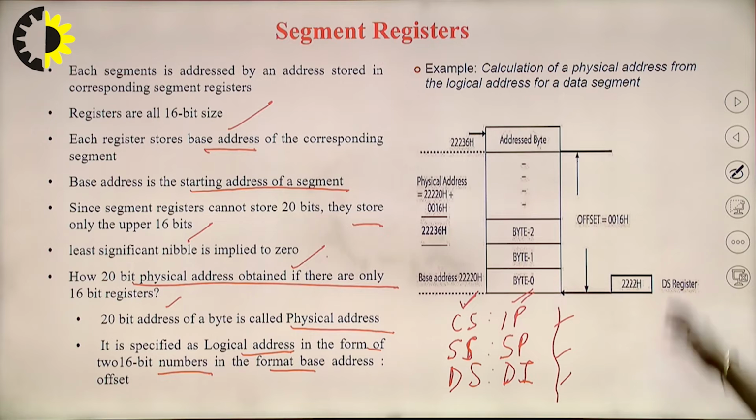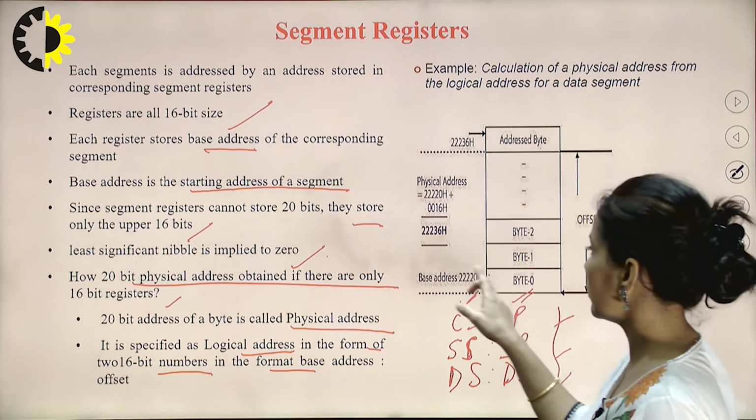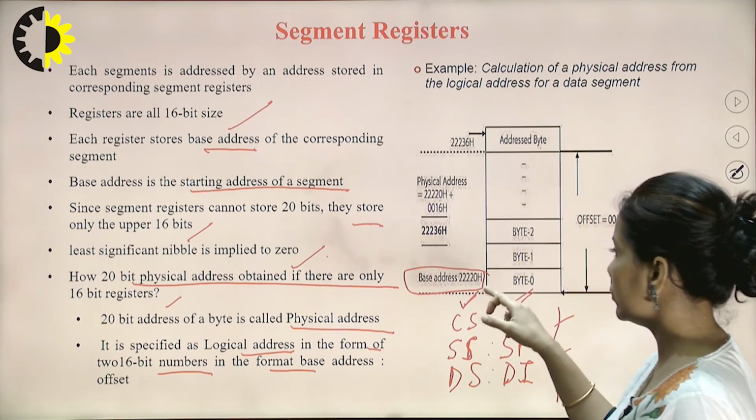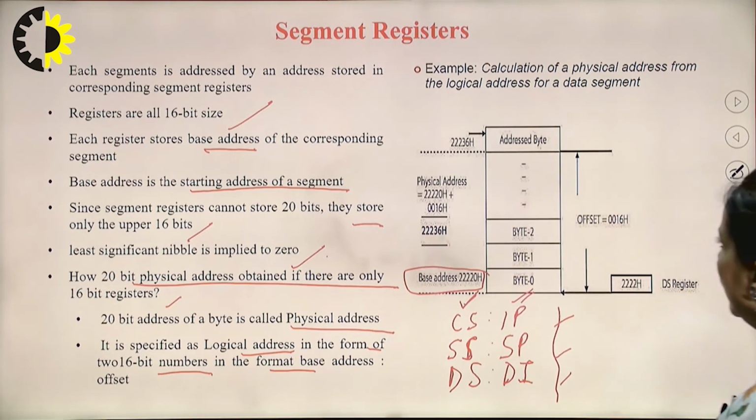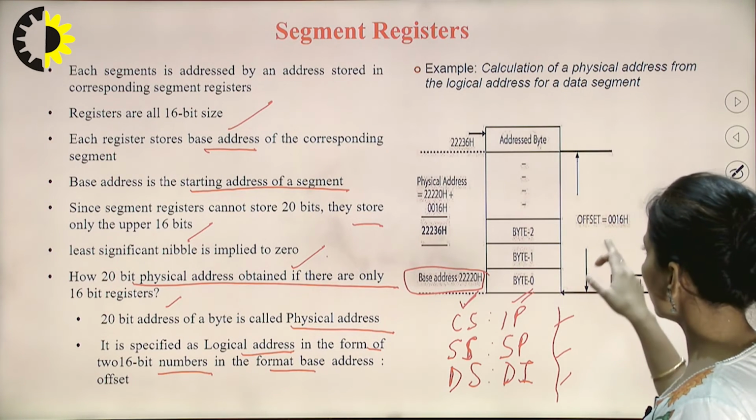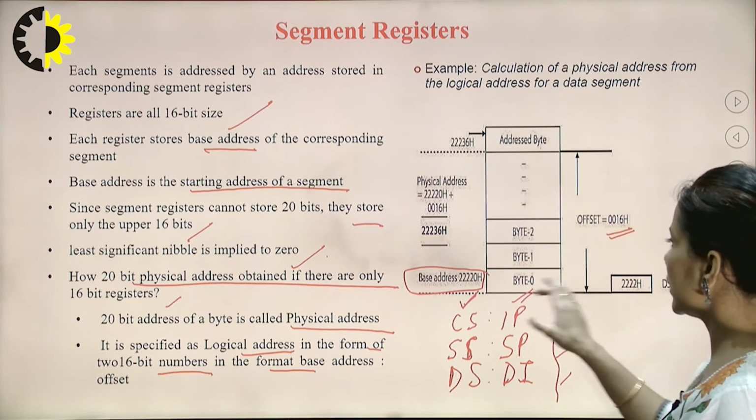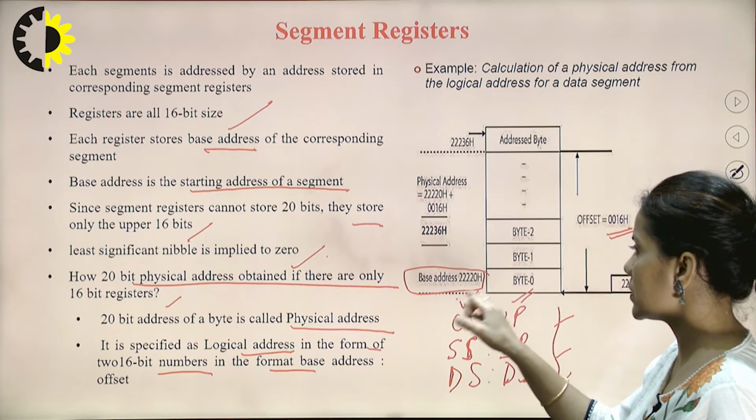Here the example is shown with the figure. It is having the base address of 22220H. The offset is 0016. So we are at the lowermost byte, the base address is this.